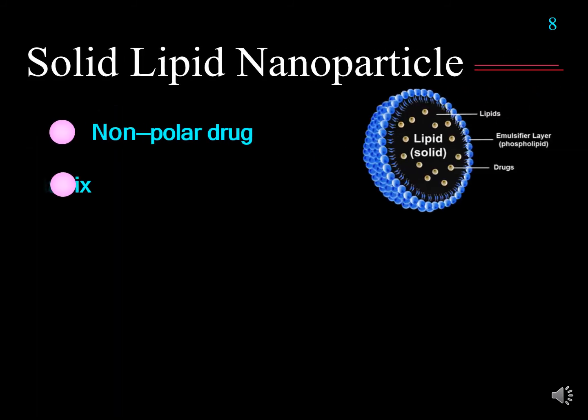The next type is solid lipid nanoparticles. Previously we had a polar drug that we wanted to encapsulate, so we put it into the aqueous environment of the vesicle. Now if the drug is nonpolar, we have to construct another kind of lipid particle, which is a solid lipid nanoparticle.